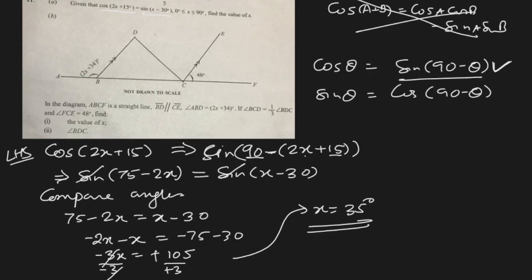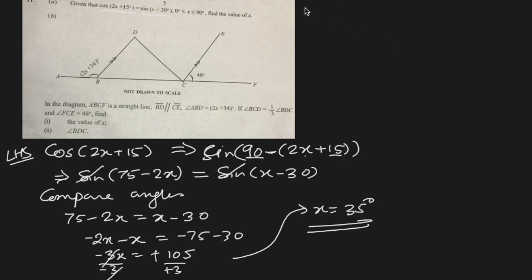Let's make space for it. So the B part says this is the figure, and we can see here line BD is parallel to CE, so that means this angle will also be 48 degrees, right? Because AF will act as a transversal line.